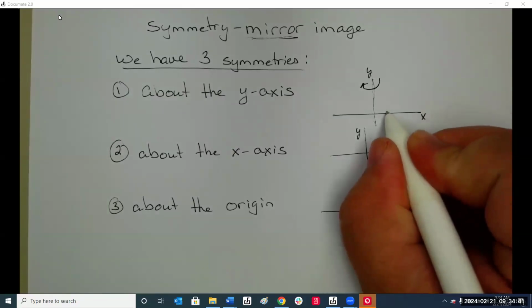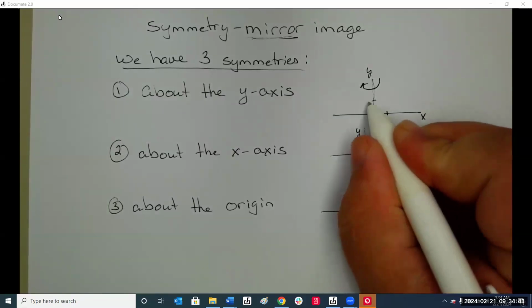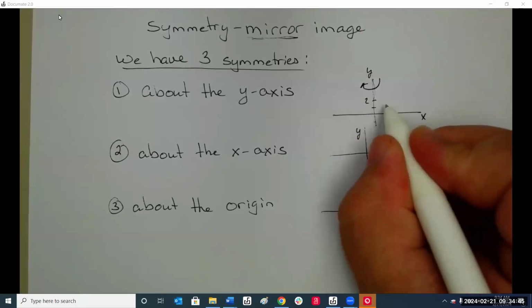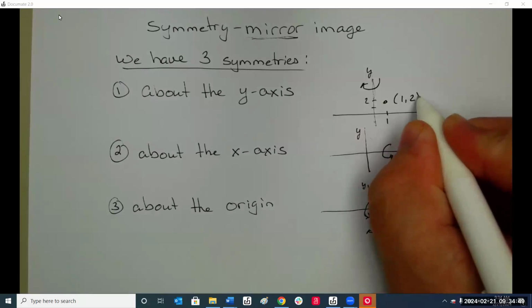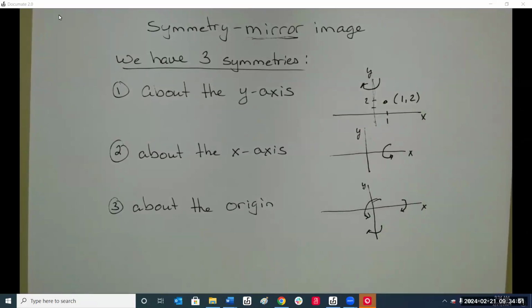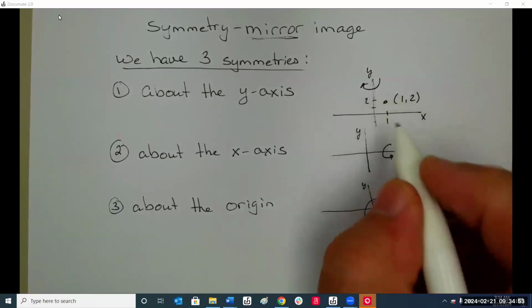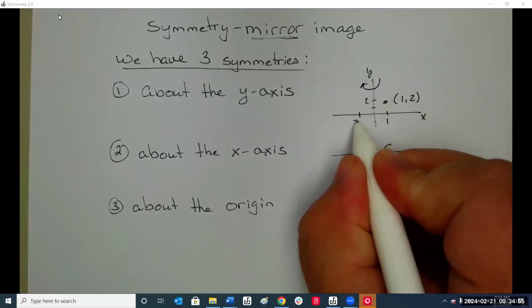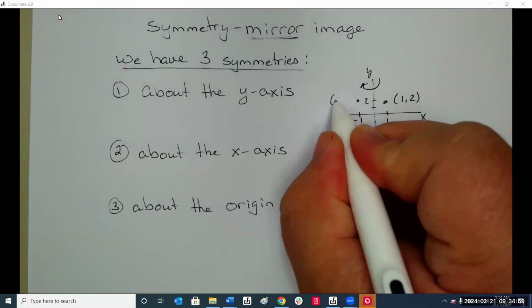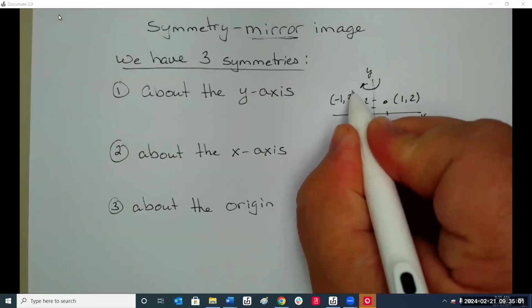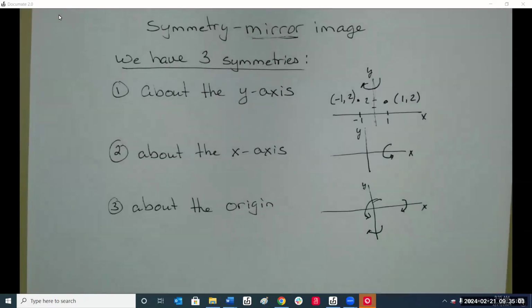Let's look at this. We have a point at (1, 2). If it's symmetric about the y-axis, then we have a point (-1, 2) that is the mirror image of it.